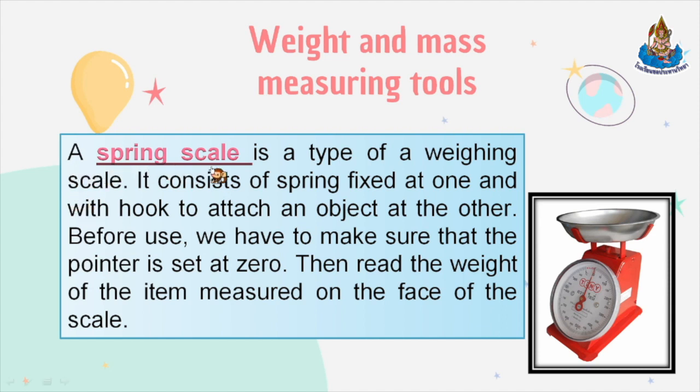A spring scale is a type of weighing scale. It consists of a spring fixed at one end with a hook to attach an object at the other.